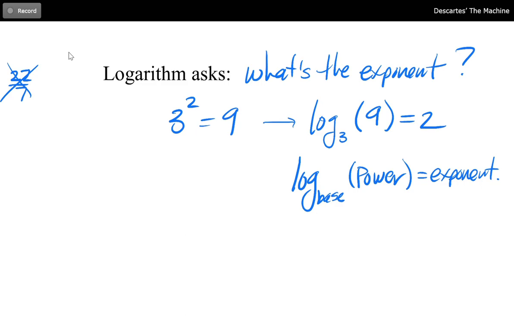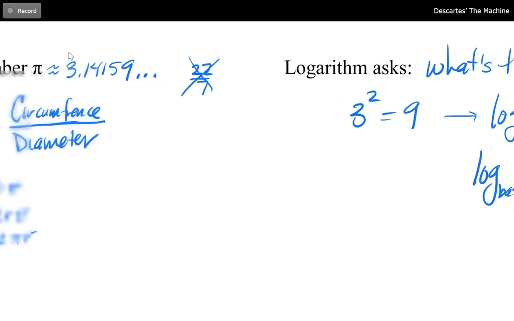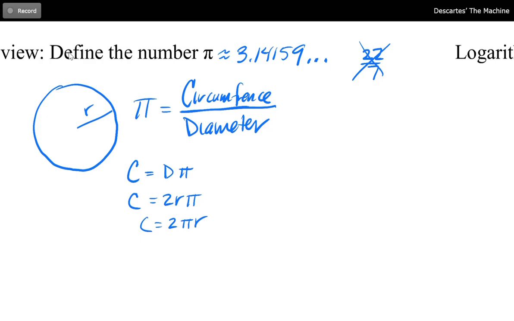Now, 3 is an okay base, there's nothing wrong with 3. We've had lots of other bases. But there's a special base, a base that shows up naturally, sort of like pi showed up as a natural property of the physical universe. There's a built-in base.